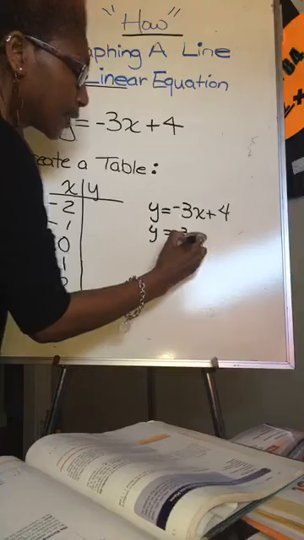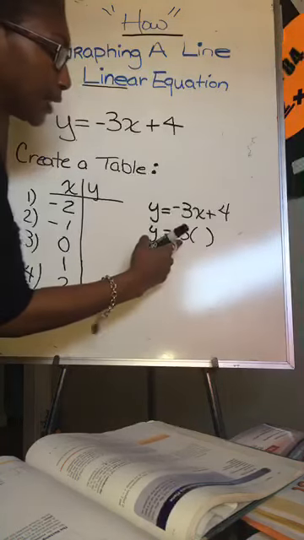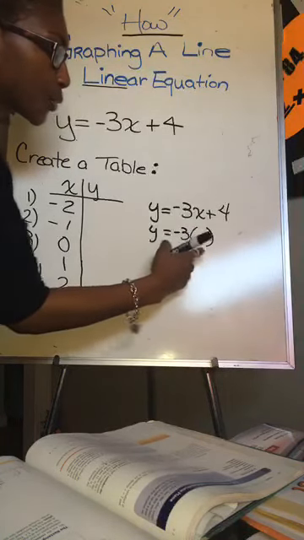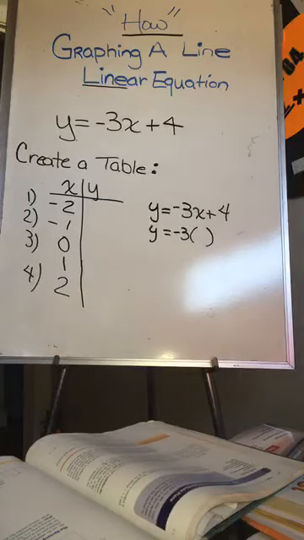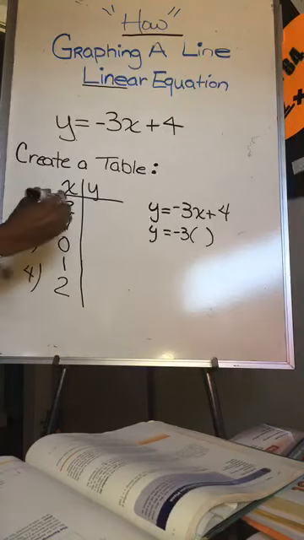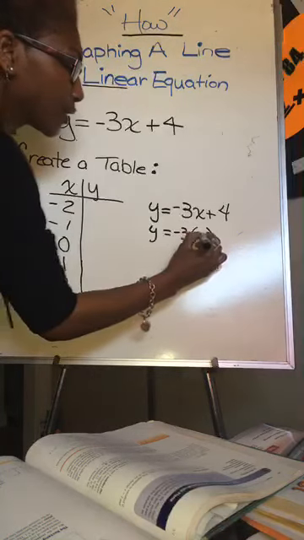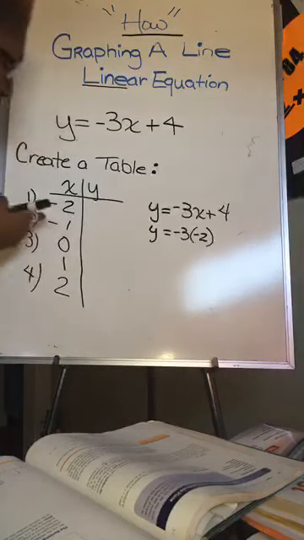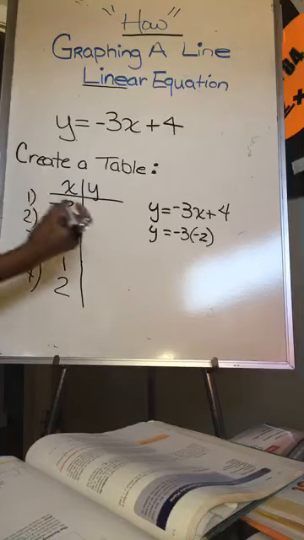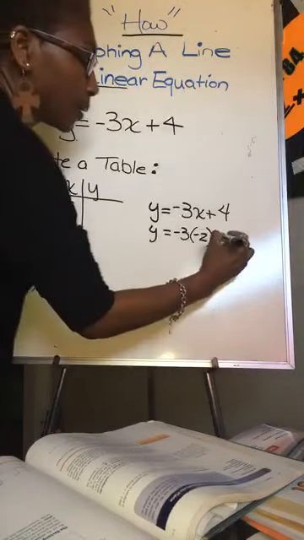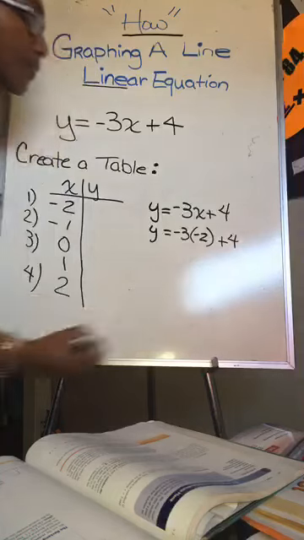So we're going to write -3, and remember, any number that's next door to the parentheses represents multiplication. We're going to place -2 where the x value is. That is the x that we're substituting. That's your first ordered pair, plus 4.